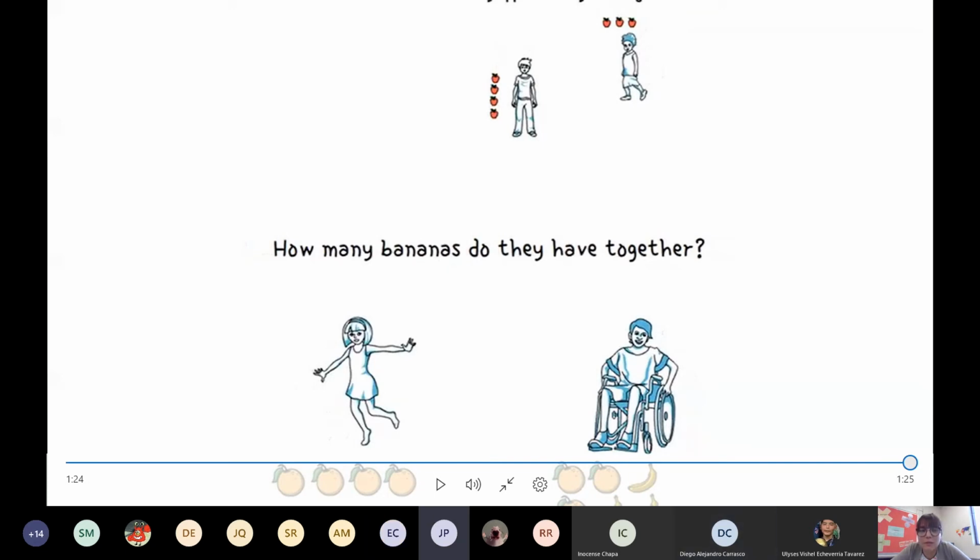It's a mathematical phrase combining numbers and variables. The word is expression.